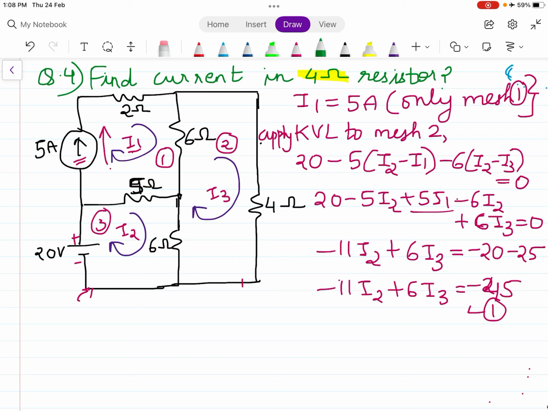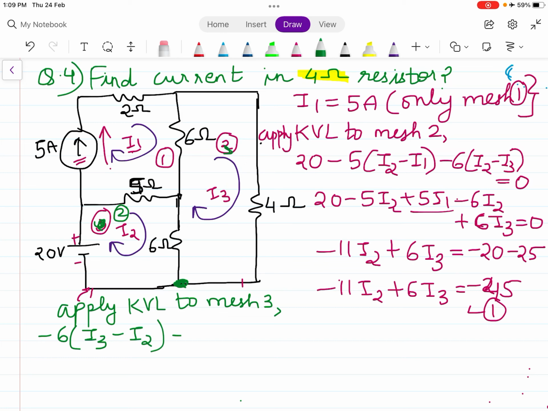Next I will apply KVL to mesh number 3. When I apply KVL to mesh number 3, starting from this end, I say minus 6 I3 is greater, because I am applying it to mesh number 3. See, this is 3, this is 2. I3 is greater, so I3 minus I2, minus 6 I3 minus I1, minus 4 I3 equal to 0.